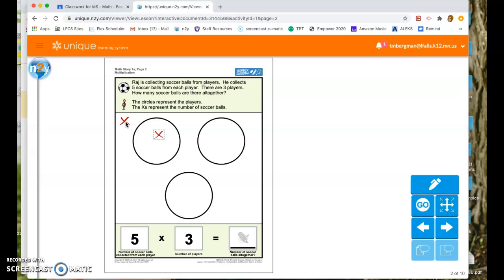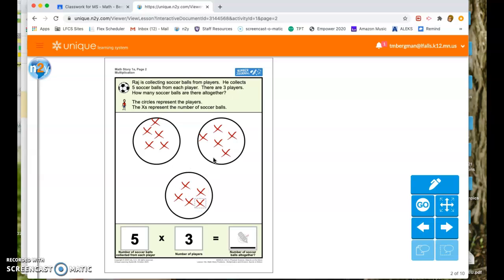Each of these circles is a player. 1, 2, 3, 4, 5. 1, 2, 3, 4, 5. Please make sure they're spread out so you can see your work or if you've made a mistake. 1, 2, 3, 4, 5.